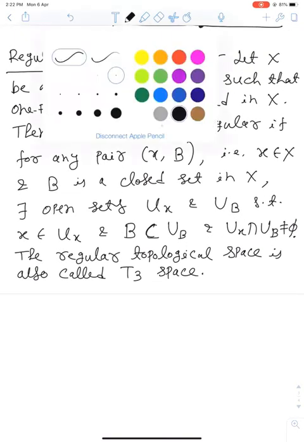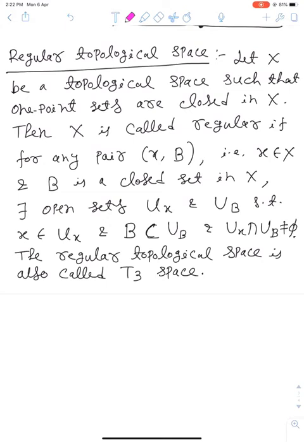Now note why do we need this condition, that one point sets are closed in X. Why do we need to include this property? Because of this property we can say that T3 implies T2. If we exclude this property, then we cannot say that T3 implies T2. Why?